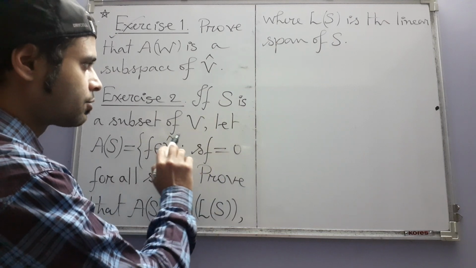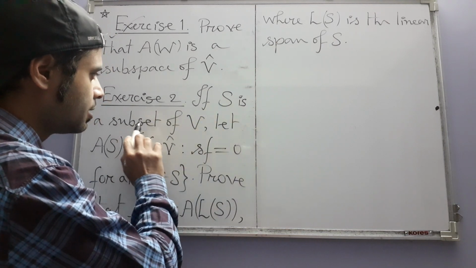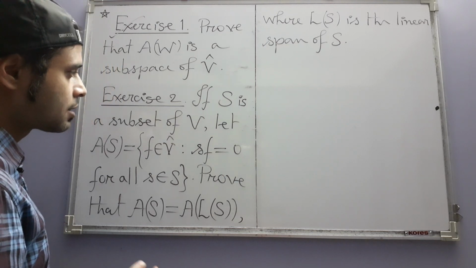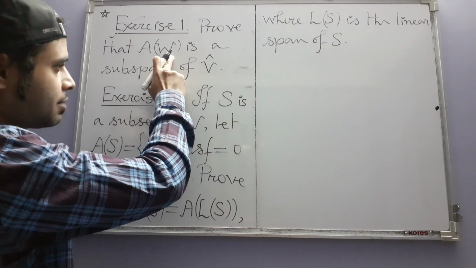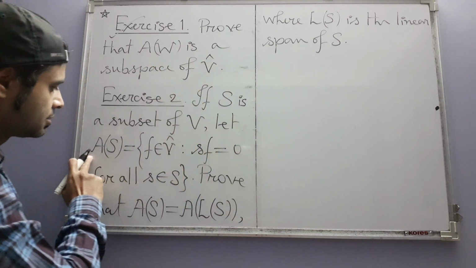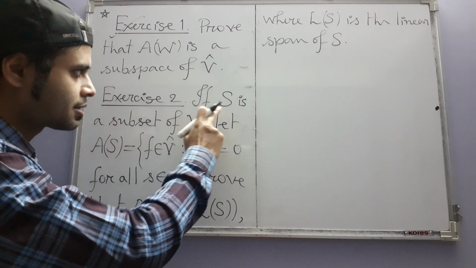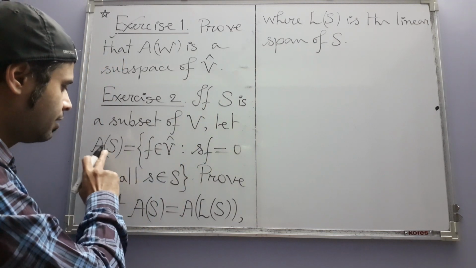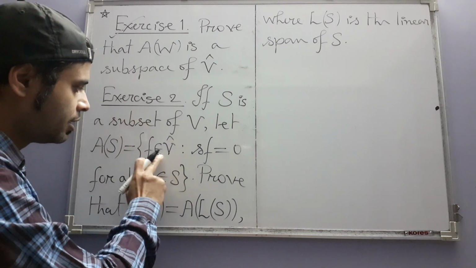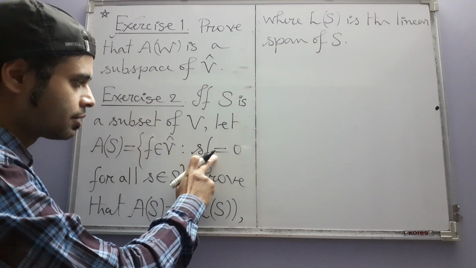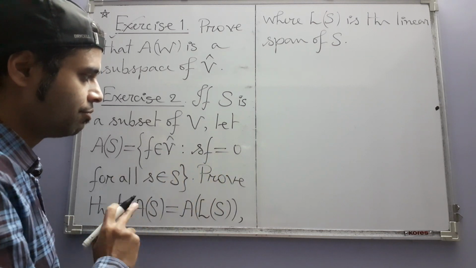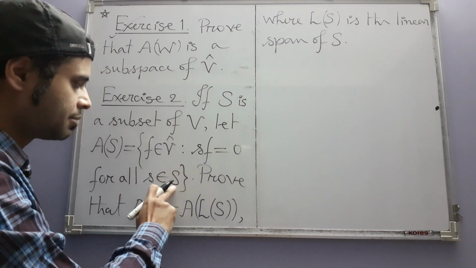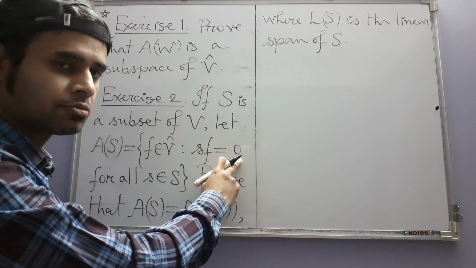Here V is of course a vector space and S is a subset of V, any subset of V. Now just like we defined the annihilator of a subspace, we can also define a similar thing for a subset S. Similarly, that is, A of S is the set of those linear functionals f that make the entire S vanish, in this sense that if you apply f to any element from S, then you get the 0 vector.